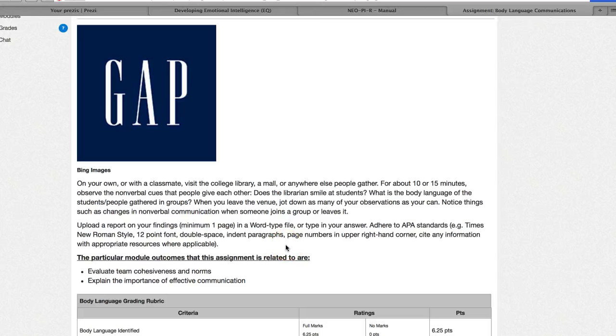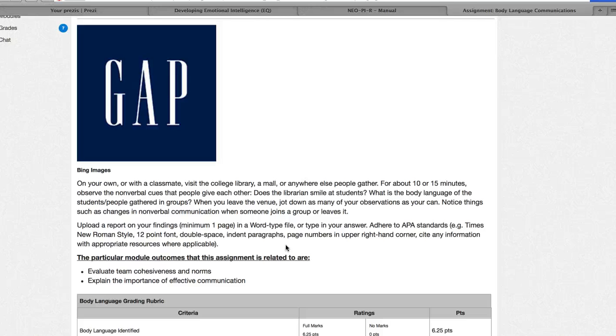I do want you to adhere to APA standards, for example, Times New Roman font style, 12-point font size, double space, indent your paragraphs. If you go over one page, you want to put page numbers in the upper right-hand corner, and you do want to cite any information with appropriate resources where applicable.